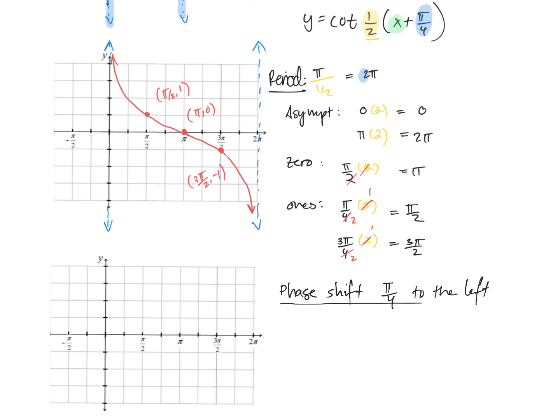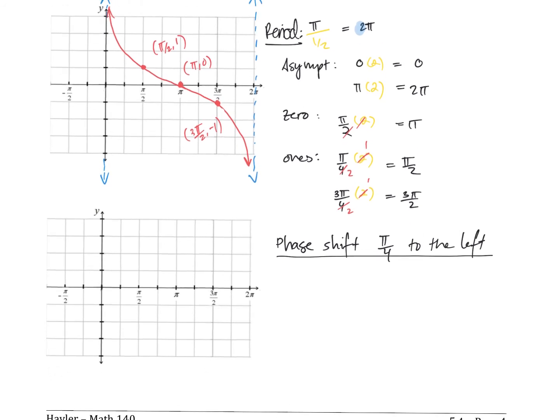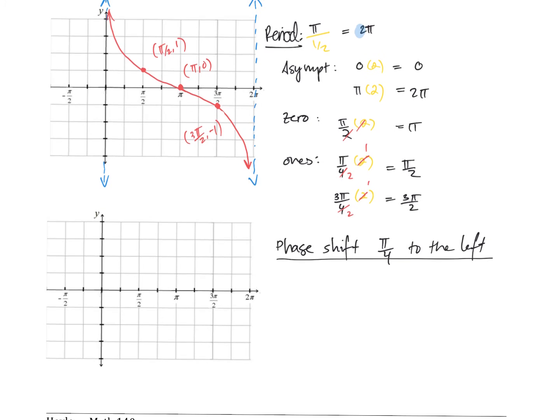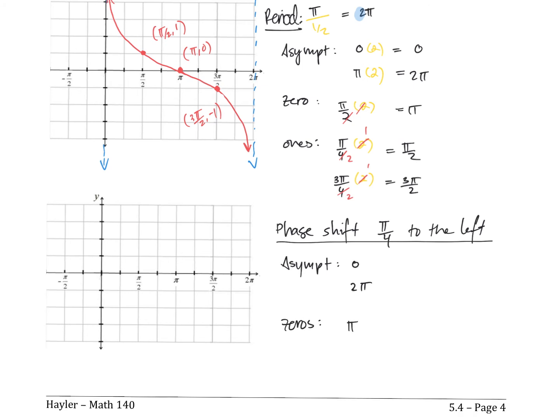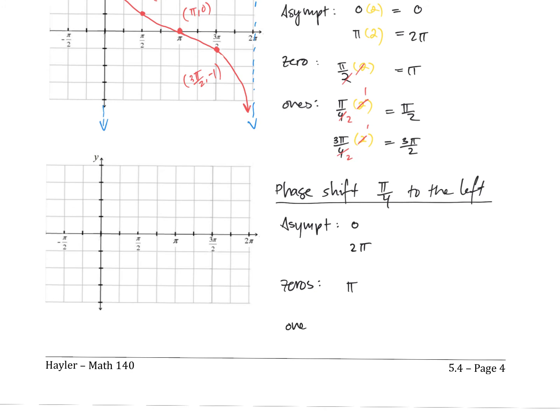So once again, this is going to affect our pi values. So what are we going to do? Well, we're going to be subtracting pi over 4 from all of our values. Let me go ahead and copy them all down again. So we have our asymptotes, which we now have at 0 and 2 pi. Then we have our zeros, which we now have at pi, and then we have our ones, which are at pi over 2 and 3 pi over 2.